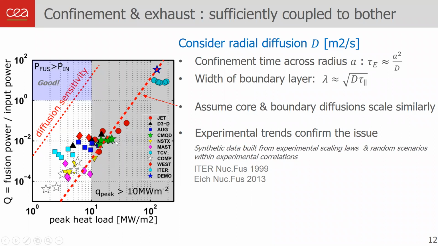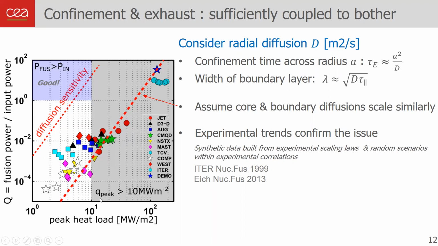And you have experimental points lying there, making a sort of large cloud of points, of course much below Q equal 1. Maybe for JET, you have a few points coming close to 1. But you already see from experiments that you access in a lot of experiments the hard limit of 10 megawatt per square meter.